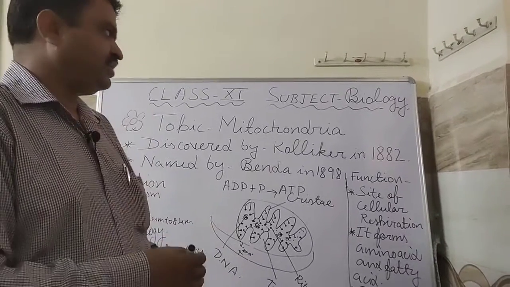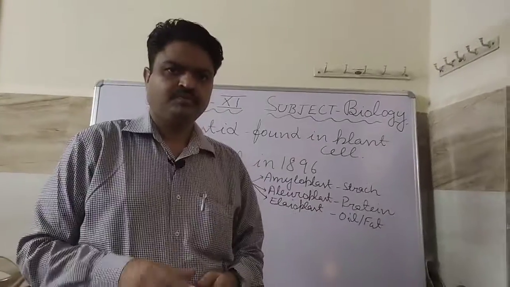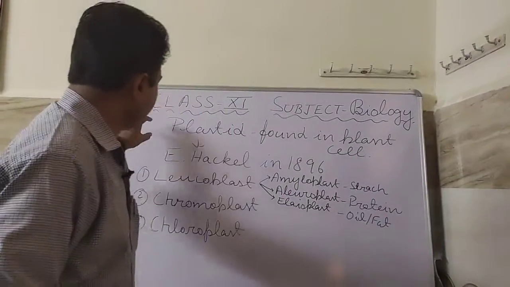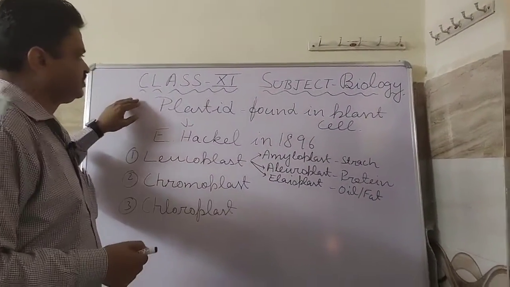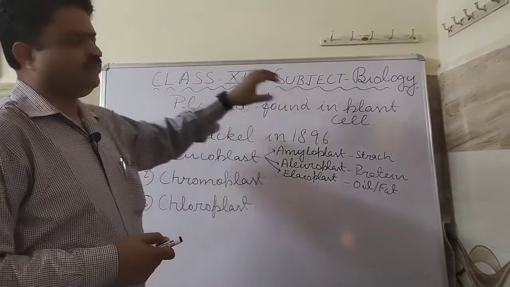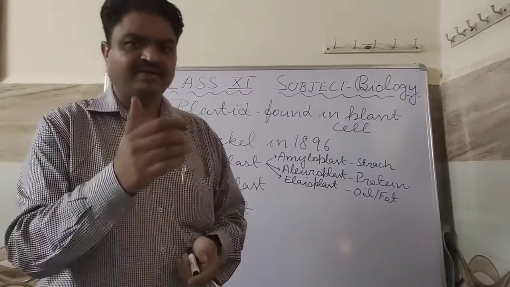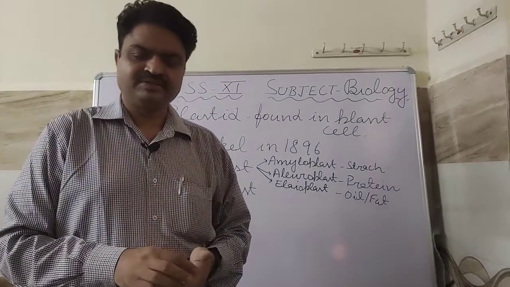Now we come to the next segment, that is plastid. So student, now we will discuss the plastid. Plastids are found in all plant cells, and they provide different colors to the plant cells.